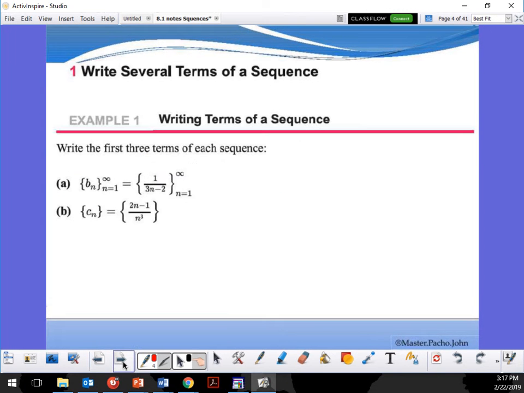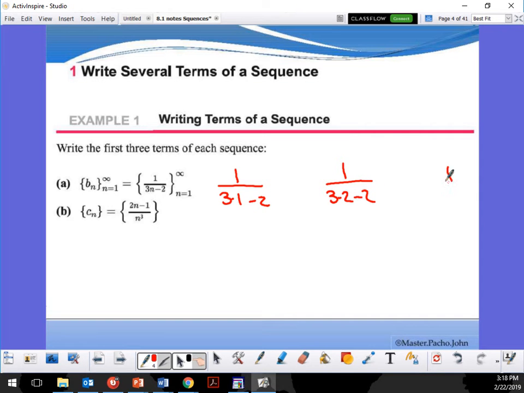Now, in this case, write the first 3 terms of each sequence. Where's my sequence starting at? Starting at 1. Because I'm stating that it's going to start at 1, it would be 1 over 3 times 1 minus 2. The next one is going to be 1 over 3 times 2 minus 2.